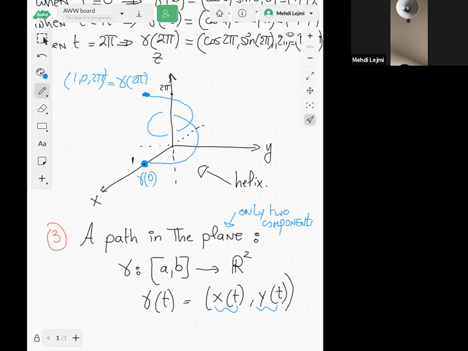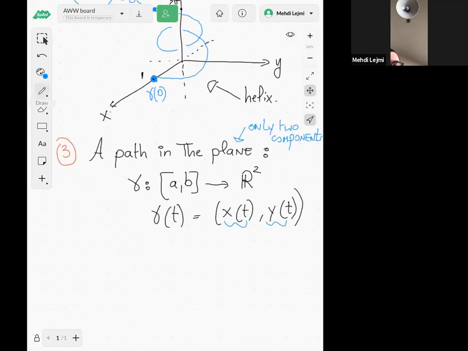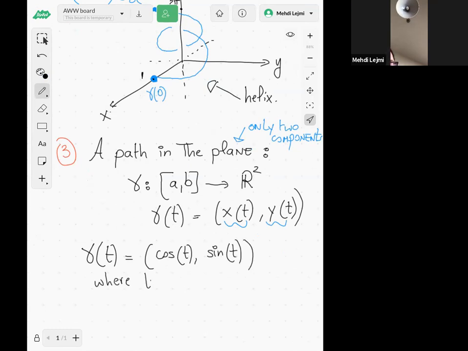For example, a path or a curve in the plane would be a circle. So, a numerical example. Let's say gamma of t is equal to (cosine of t, sine of t), where t is in the interval 0 to pi. Okay.